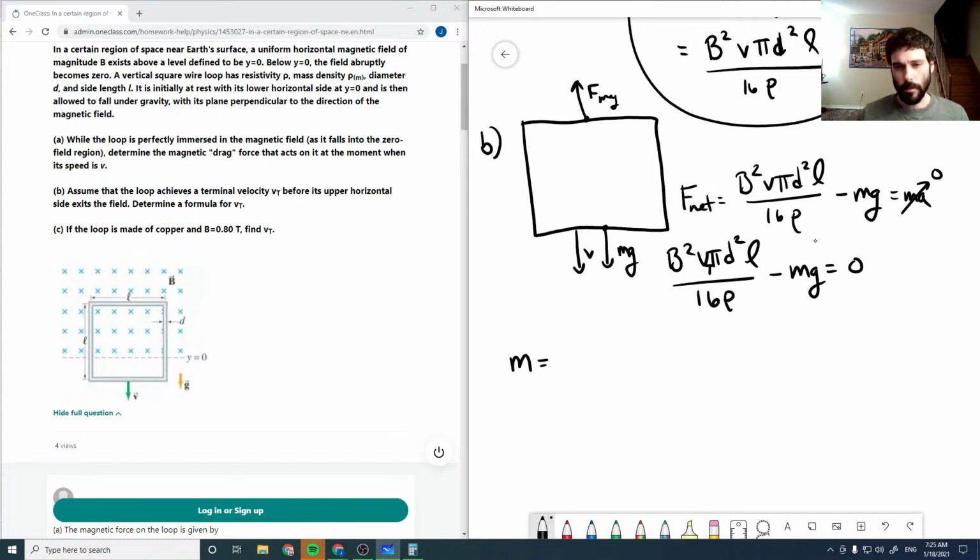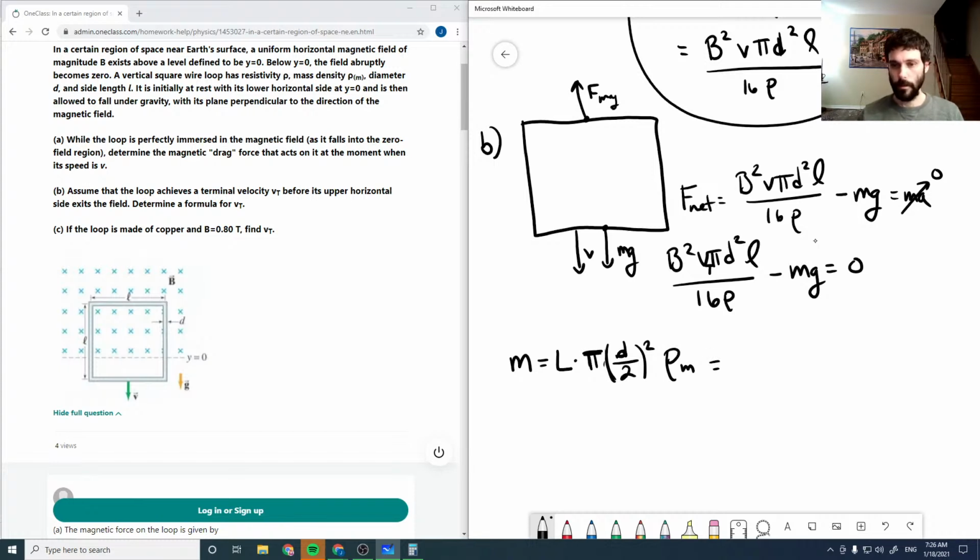So our mass is going to be the length of our wire times our cross-sectional area, which we're given in terms of d, so d over 2 squared, times our mass density.